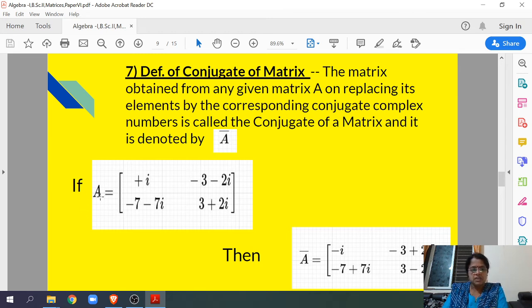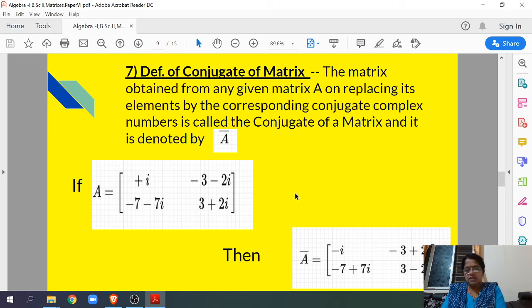Now suppose A is this matrix in which first row is i, minus 3 minus 2i, second row is minus 7, minus 7i, 3 plus 2i. Now if we want its conjugate, then A conjugate will be minus i, because first element is here i, here it should be minus i, because we are replacing the elements by its complex conjugate.